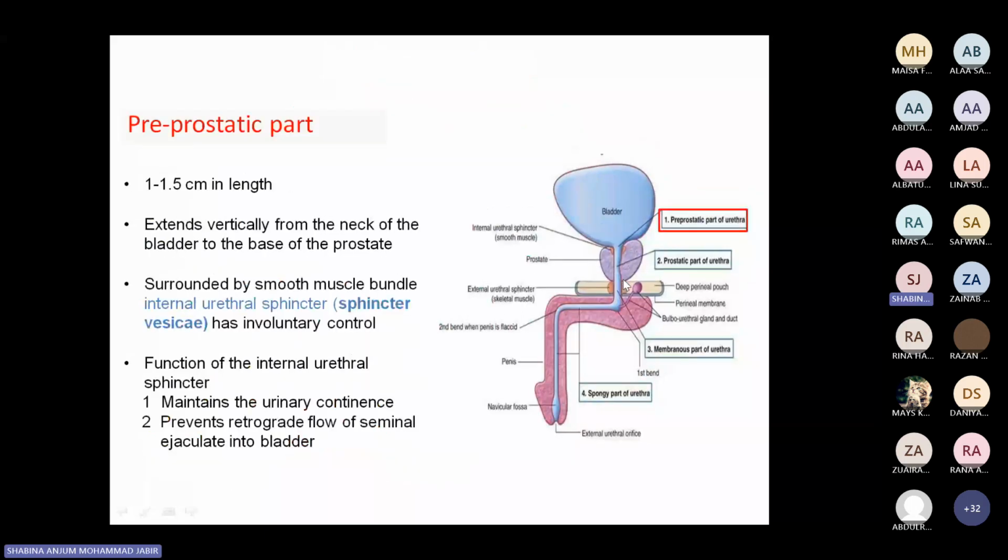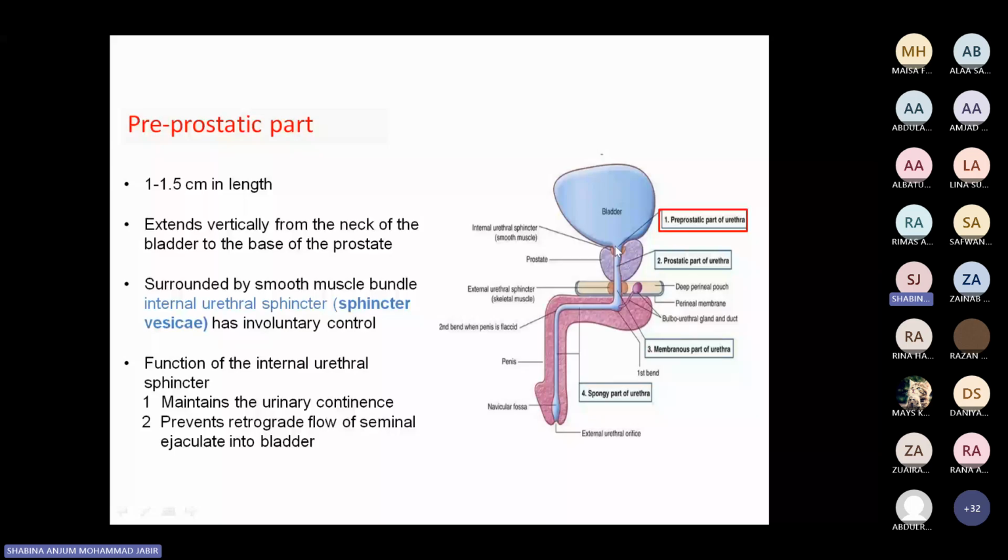In some books, they don't consider the pre-prostatic part as separate. Generally they will say it has three parts: prostatic, membranous, and penile or spongy. So don't worry if a standard book says there is a small part which is the pre-prostatic part.